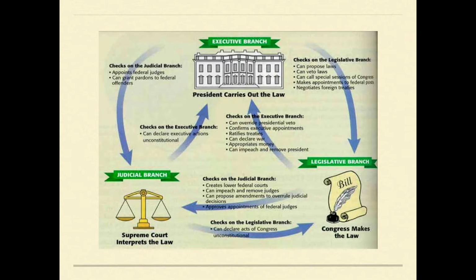Now, this is actually a huge concern right now because many people are saying that the executive branch, and this was before Trump, the executive branch was growing too powerful. And it certainly hasn't stopped under President Trump's interpretation of the executive power. This idea of the executive branch as being the leader in the legislative process.